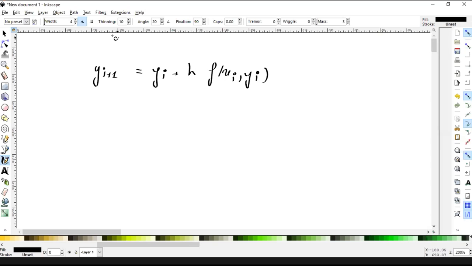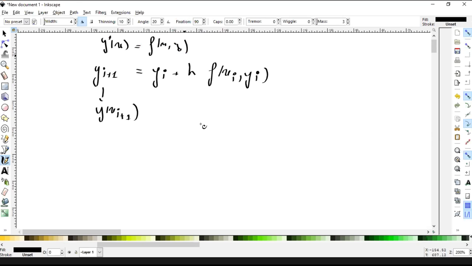Of course, y_{i+1} is y of x_{i+1}, where x_{i+1} is x_i plus h. And this is the solution of y'(x) equals f(x, y), right?